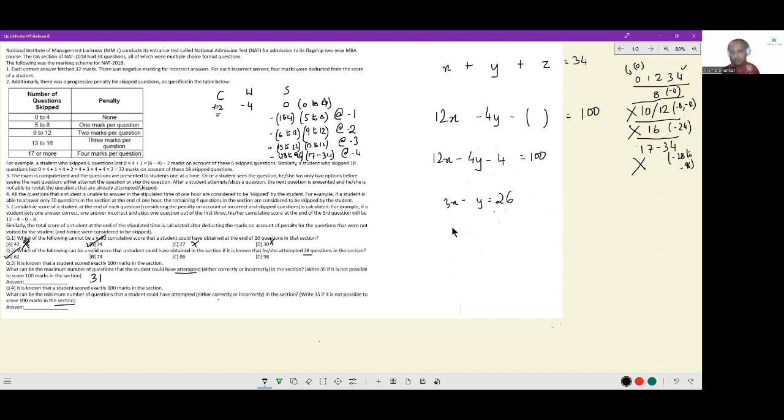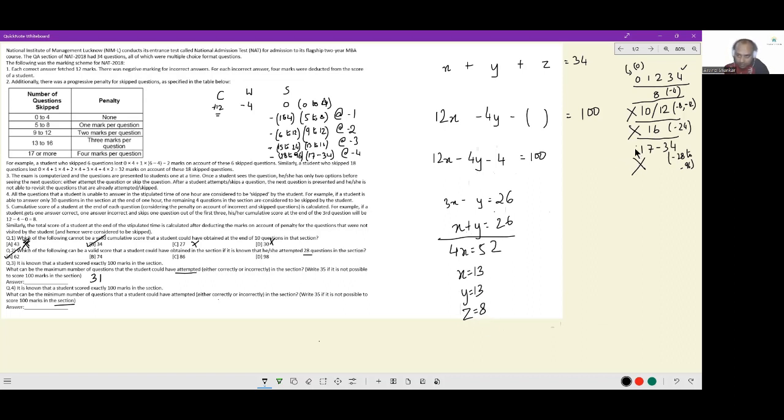Additionally, we also get x plus y is equal to 26. If z is 8, then x plus y is equal to 26. We add it all up, we get 4x is equal to 52, which is an acceptable case. X will be equal to 13, y will be equal to 13, and skipped z will be equal to 8.